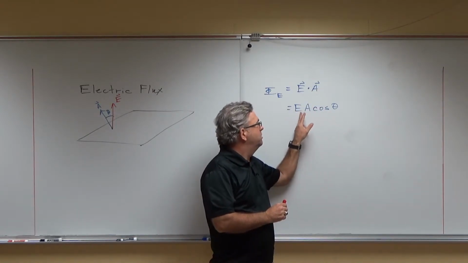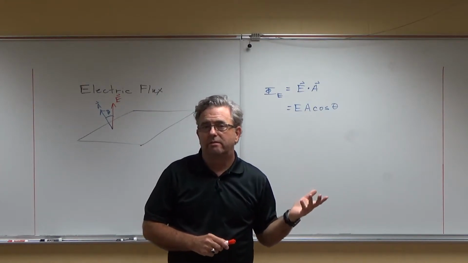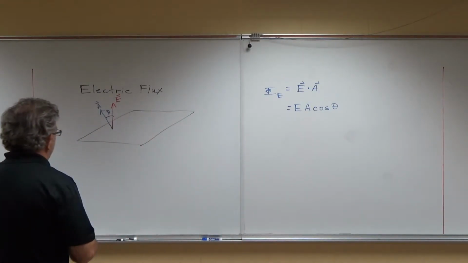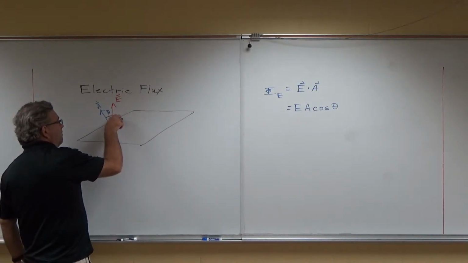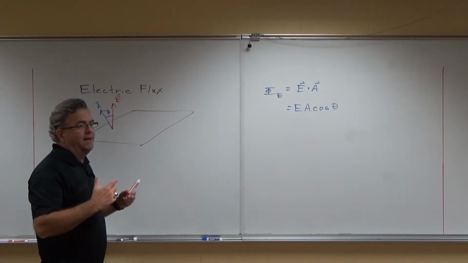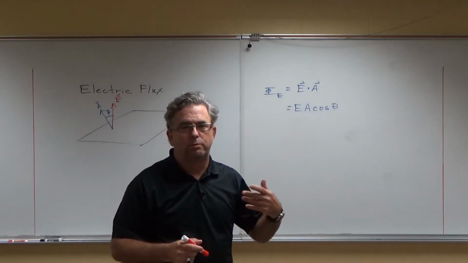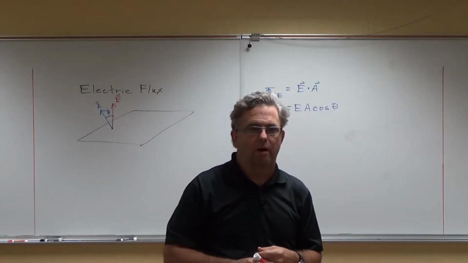Cosine 0 is 1. It's just EA. Okay? It's just the electric field times the area, which has units of newtons per coulomb times meter squared, right?